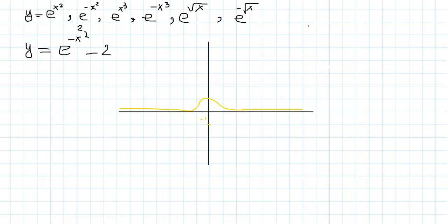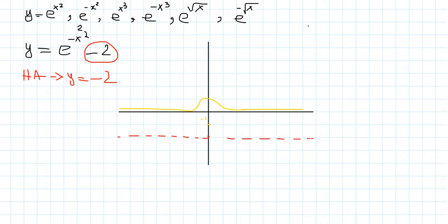But I have here a horizontal asymptote. We know that in exponential graph we have horizontal asymptote. So here I have horizontal asymptote in y equal minus 2. Okay, I find minus 2. It is the horizontal asymptote.